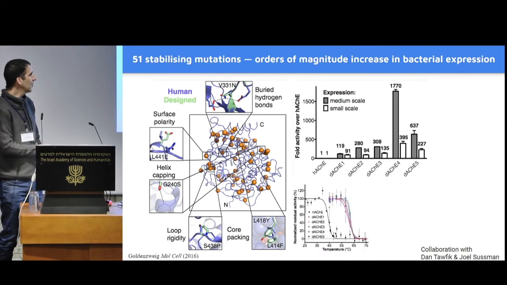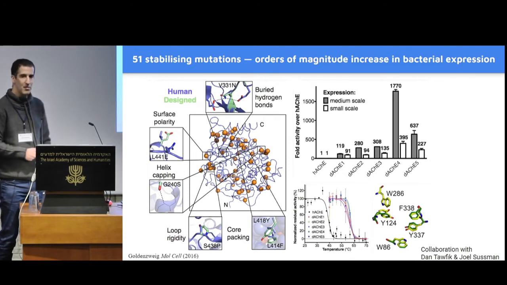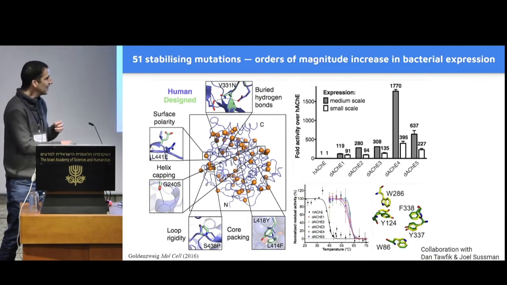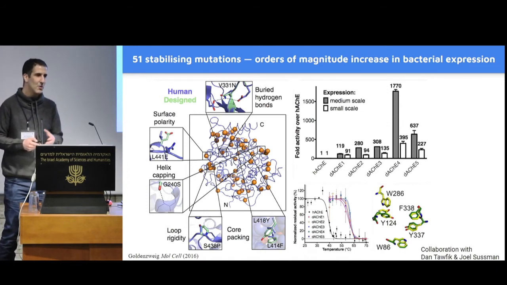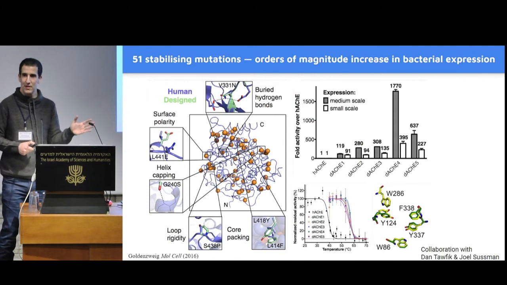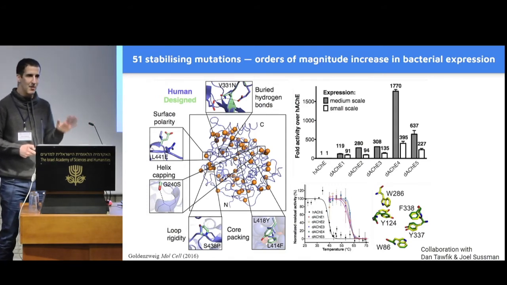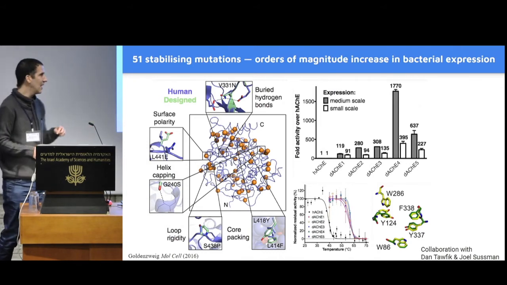The 5 variants are also 20 degrees more stable than the human variant, and Yoel's group solved the crystal structure of this enzyme with 51 mutations, and the active site is virtually indistinguishable from that of the human enzyme, and accordingly, the activity of this enzyme is also nearly indistinguishable from the human enzyme. Despite 51 mutations, it's still a diffusion-limited acetylcholinesterase.